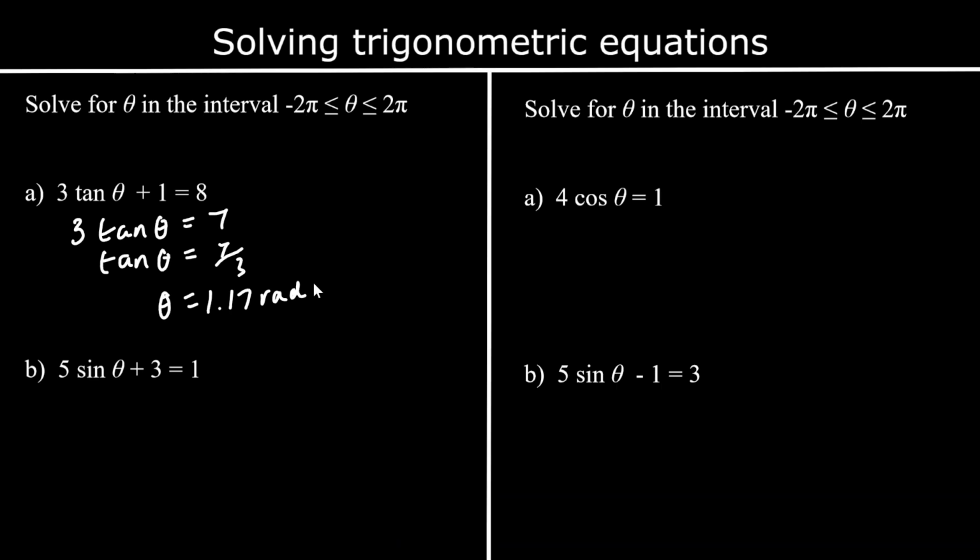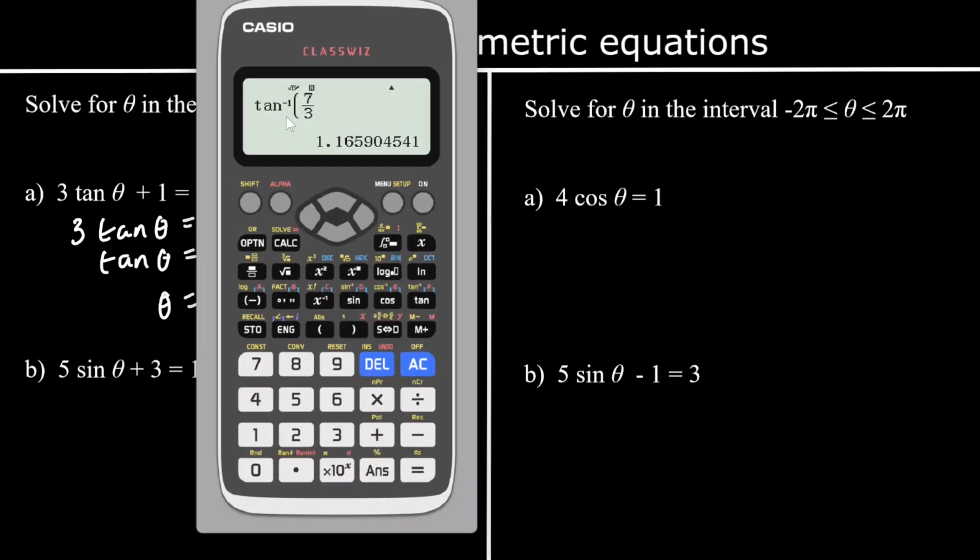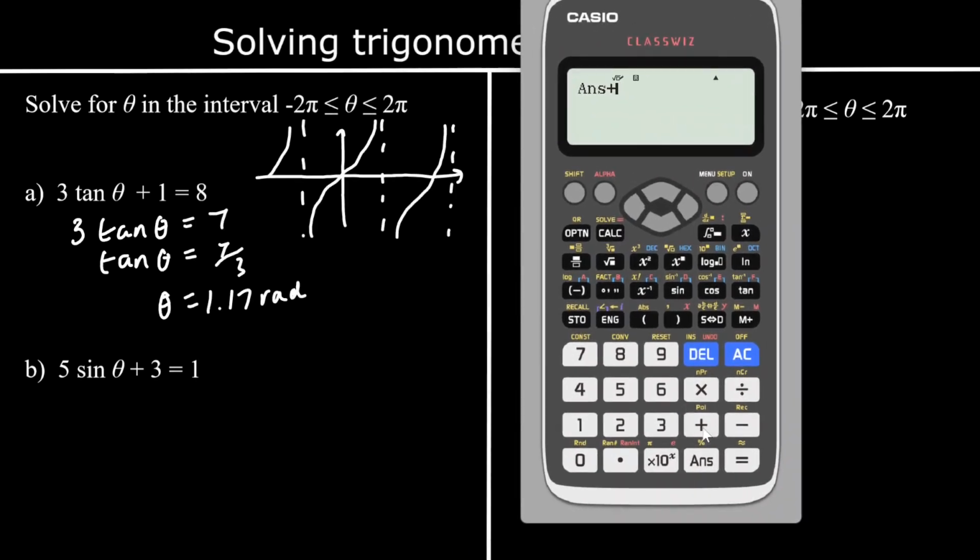Our tan graph repeats every pi radians. So our tan graph looks like this. It's exactly the same every pi radians. So to get the next answer, when we have a tan, we just add pi on or take pi off of our first answer. So if I add a pi, I'll get 4.31.